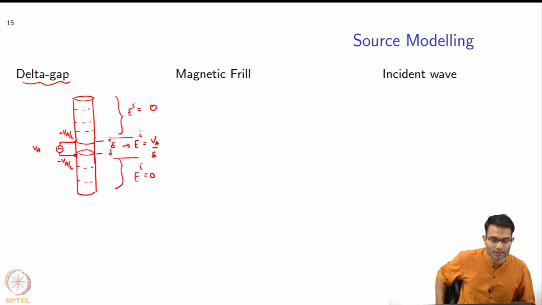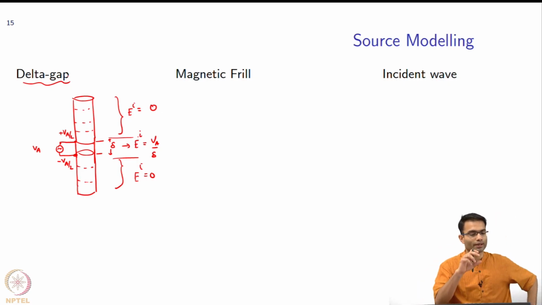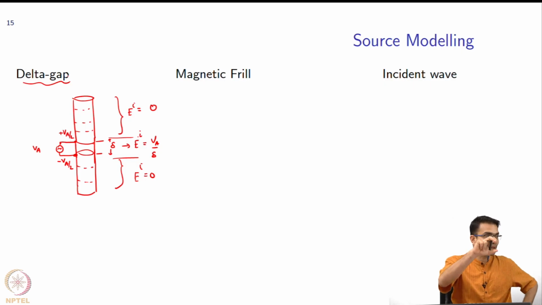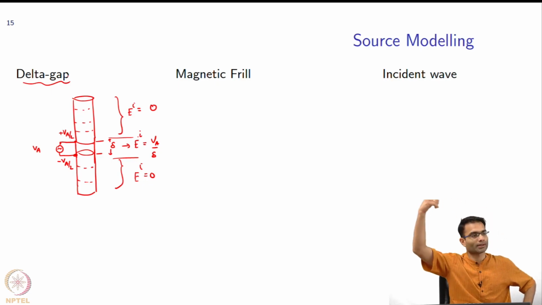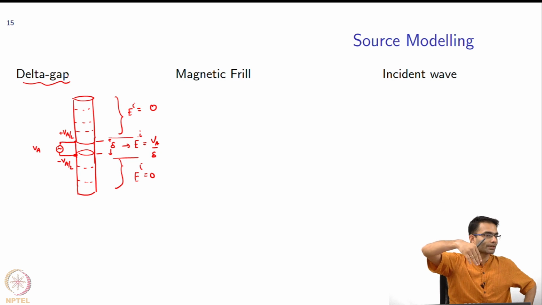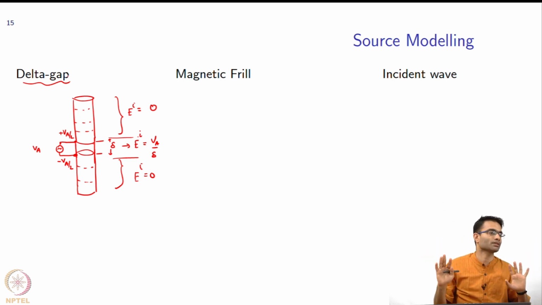But the point is that due to this applied voltage over here, there is now going to be a current that flows in the wire, and that current induced in the wire is going to produce another scattered field, which is what we have been calculating, and together they are 0 in the conductor.